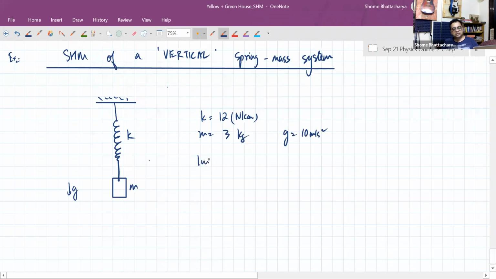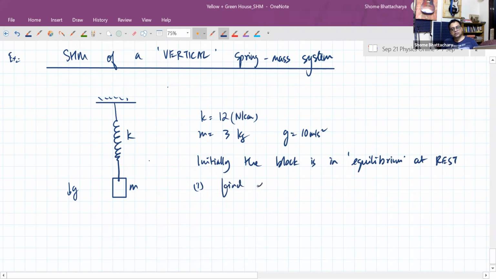Okay, now, initially, the block is in equilibrium at rest. So, first of all, we want to find the extension of the spring in equilibrium state.